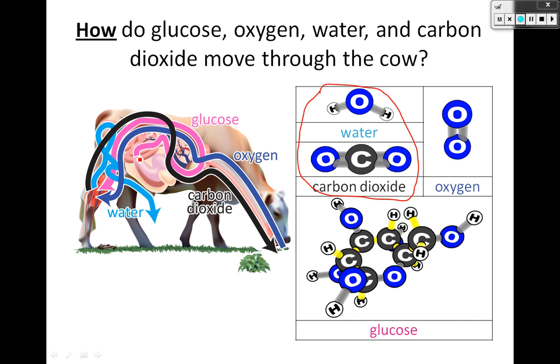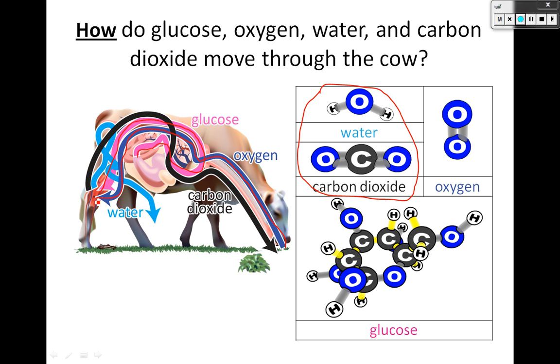So the glucose, once it's been digested, travels through the bloodstream to the muscle. Oxygen, dark blue here, is inhaled through the nose of the cow. It travels, making a brief pit stop at the lungs to get picked up by the blood, and then the blood carries it as well to the muscle. Okay?